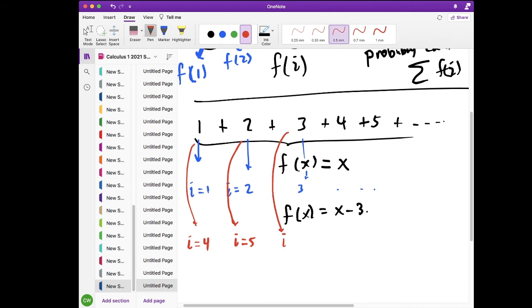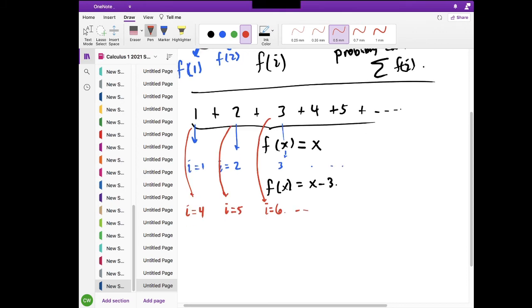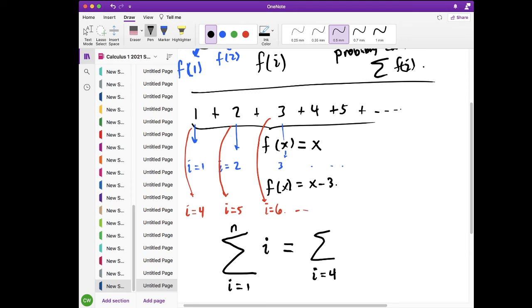You have to think more about it. So notice that these two things are the same: the sum from I equals 1 to n of f of I is equal to the sum from I equals 4 of I minus 3.